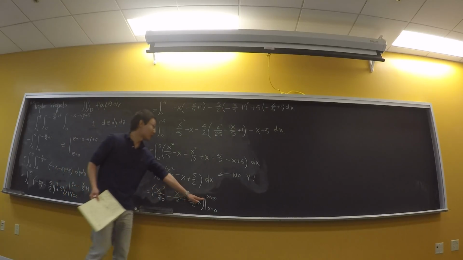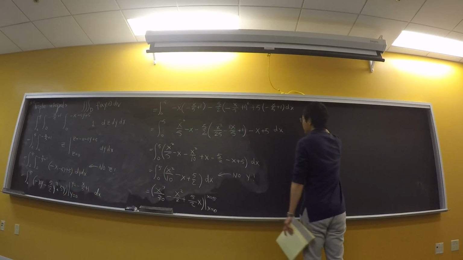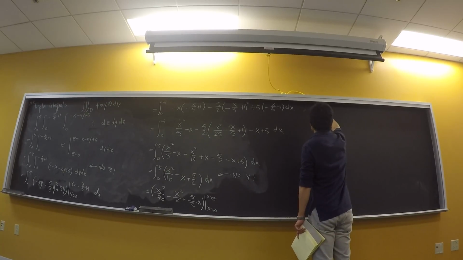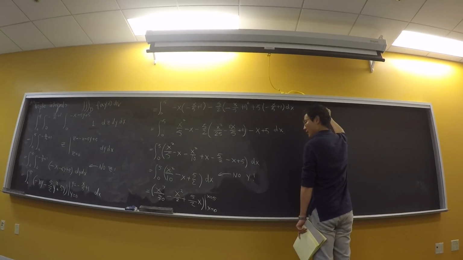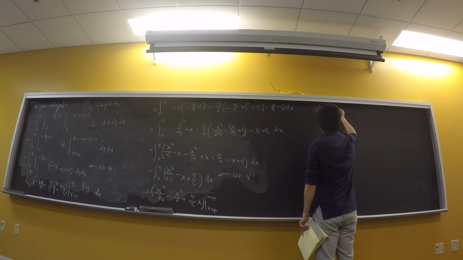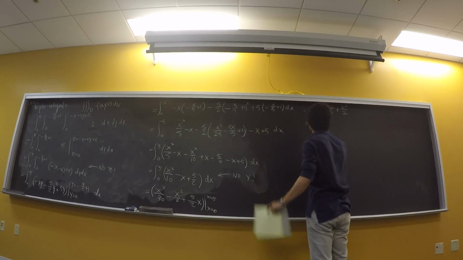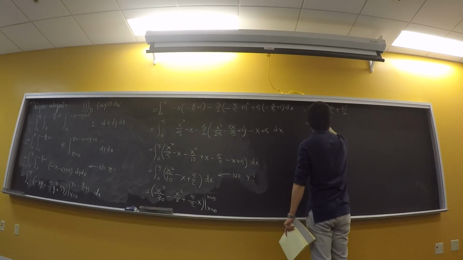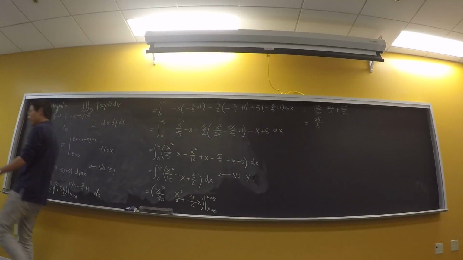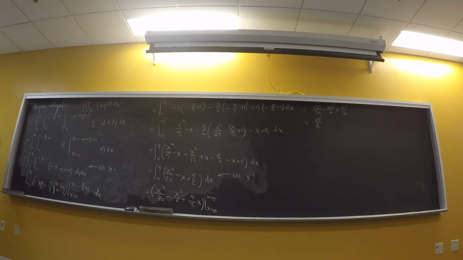So when x equals 5, I end up with 125 divided by 30 minus 25 divided by 2 plus 25 divided by 2. So in the end, I end up with 25 divided by 6. All right? 25 divided by 6. So this is the answer.